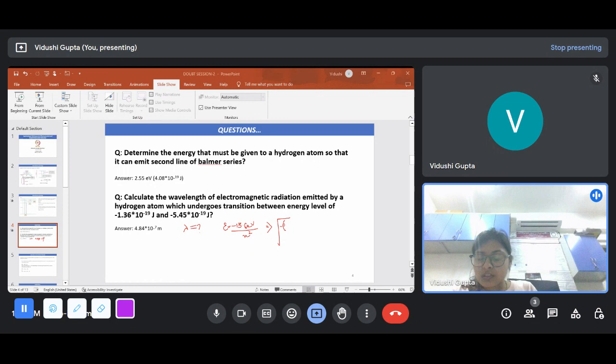Now we know this formula. This will be n2, this will be n1.